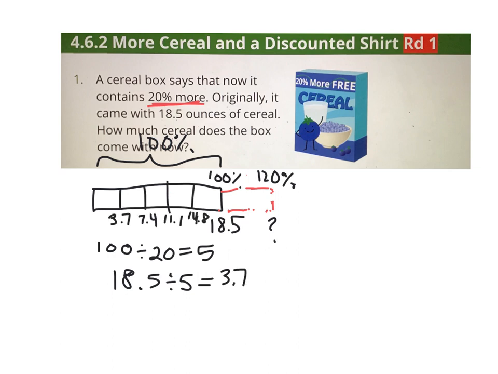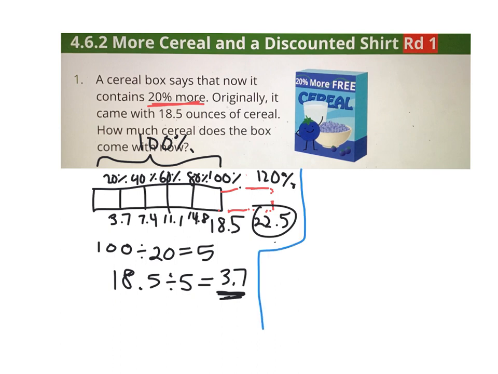So we can go back to our first piece, that's 3.7, 7.4, 11.1, 14.8, all the way up to 18.5 ounces. Percentage-wise, it's going to be going by 20s, like so. So if we want to get to 120%, we're just going up by 3.7. So 120% should be 18.5 plus your extra 3.7, and you're going to get 22.2 ounces.